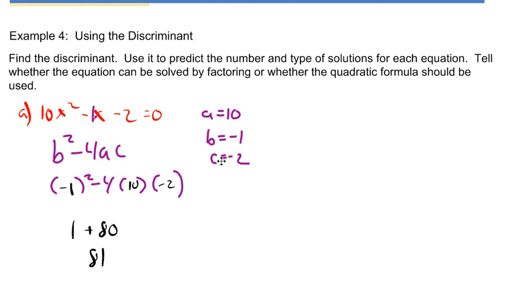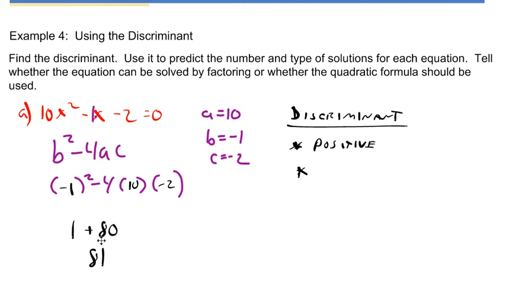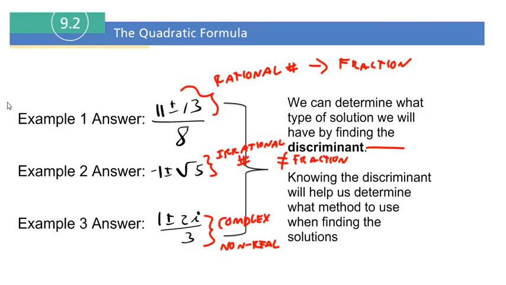Okay, so we want to look at a few things here. The discriminant has a few characteristics. First of all, our discriminant was positive, right? Okay, so it's positive, and the second characteristic is that it's a perfect square. All right, so according to our chart, and I'll turn back to it here real quick.